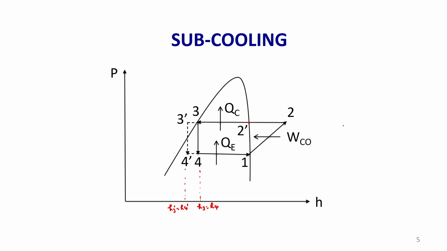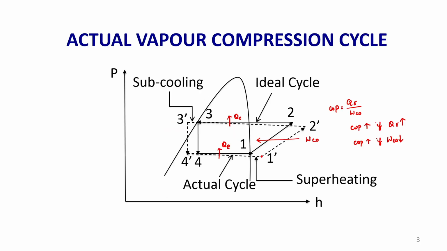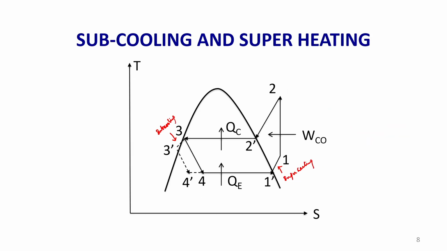Now, this is the combination of both. The refrigerant is subcooled before it is throttled, and here it is superheated before it is compressed.